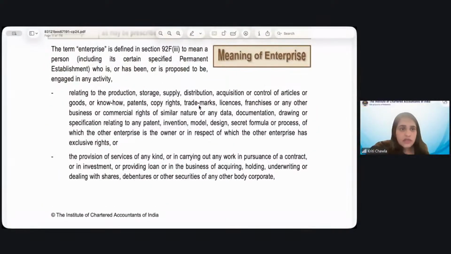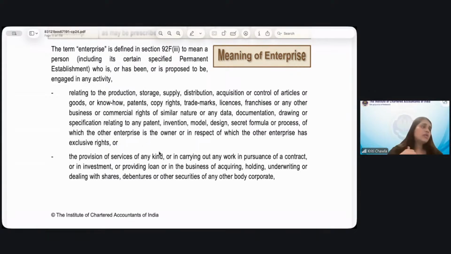Now, this is one of the areas where they actually define the term enterprise, which is provided in section 92F, subsection 3, where they actually define what exactly is an enterprise. They basically say that this is including a specified permanent establishment where you have engaged, or you propose to engage in these kind of activities.